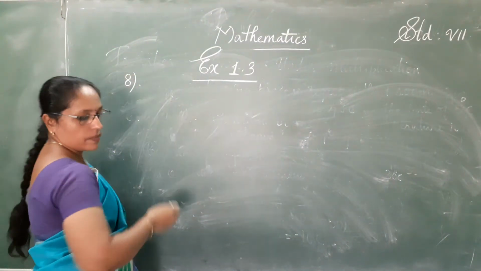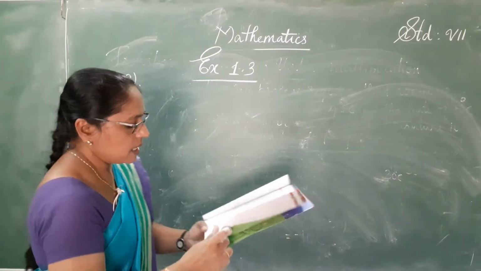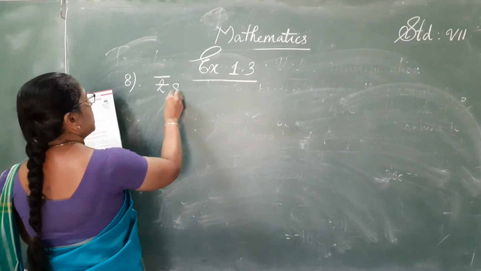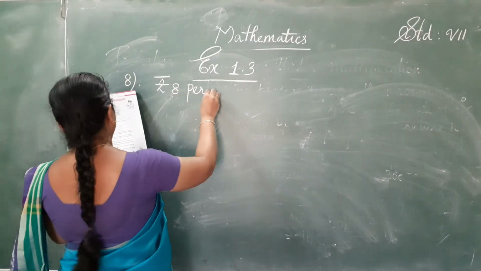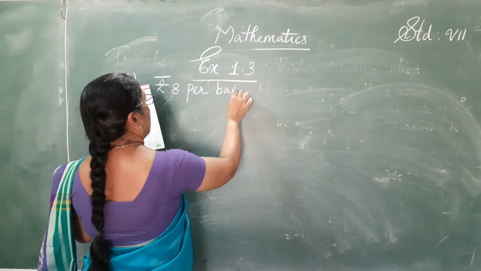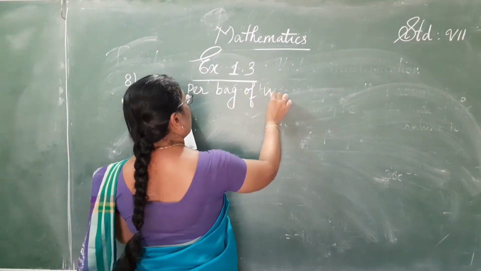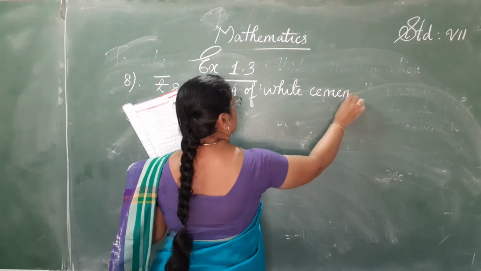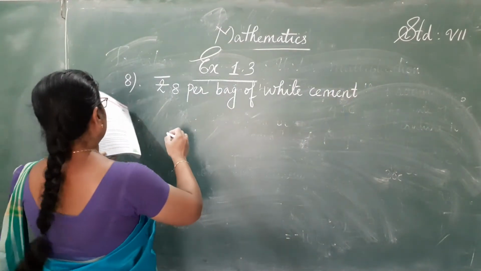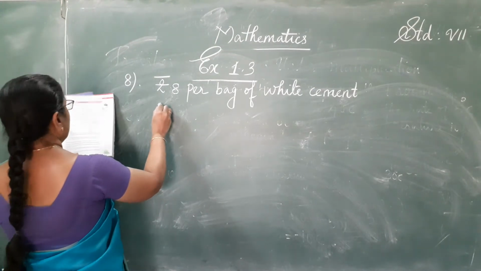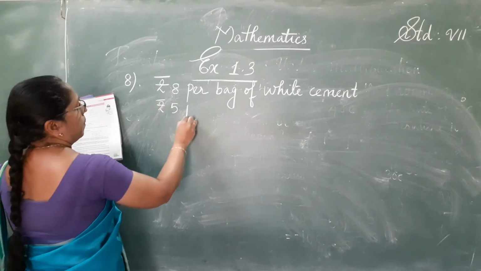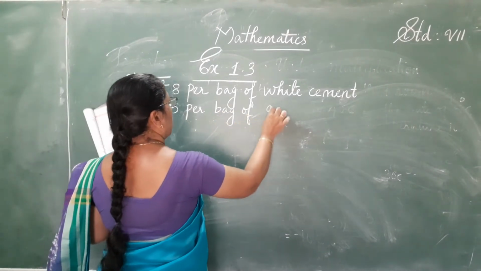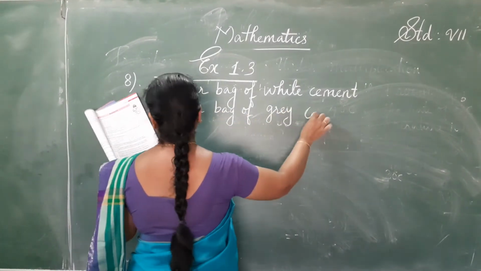Question 8. A cement company earns a profit of rupees 8 per bag of white cement, and a loss of rupees 5 per bag of grey cement.